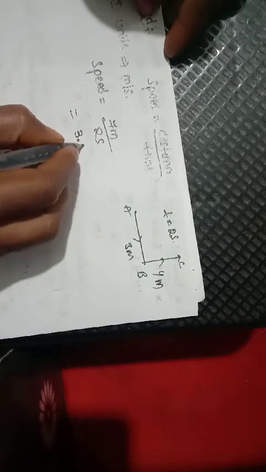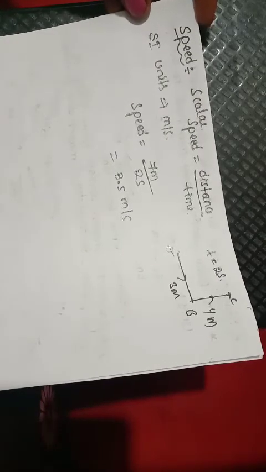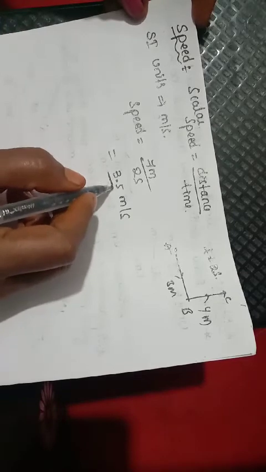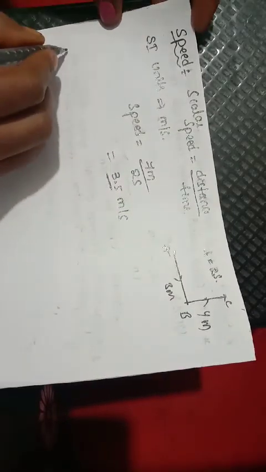That is equal to 3.5 meters per second. This is the speed of the person. Speed is also a scalar quantity. We don't need a direction to define speed, we need only magnitude. Magnitude means nothing but this value, 3.5, which is the magnitude of this particular speed.